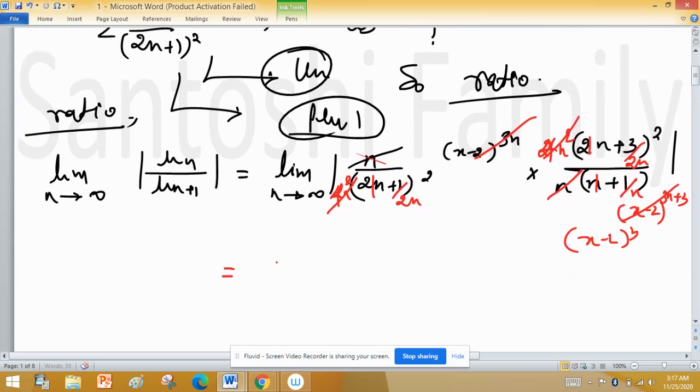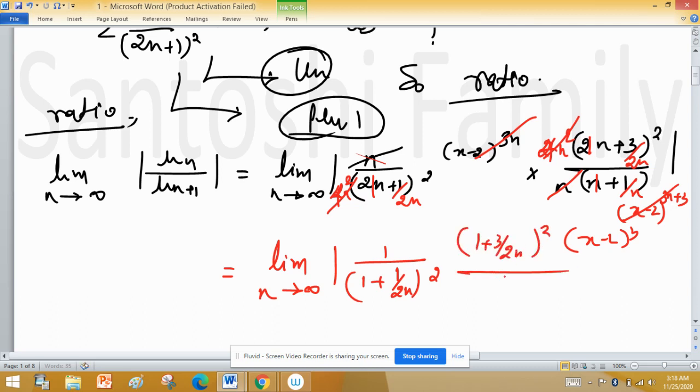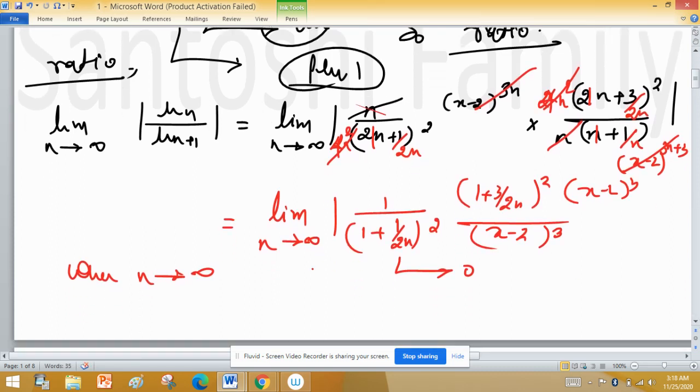So the remaining terms will be limit n tends to infinity, mod of 1 upon (1 plus 1 upon 2n) whole square and (1 plus 3 upon 2n) whole square divided by (x minus 2) whole cube. Now when n tends to infinity, 1 upon 2n will go to 0. So the whole limit will become 1 upon mod of (x minus 2) cube.